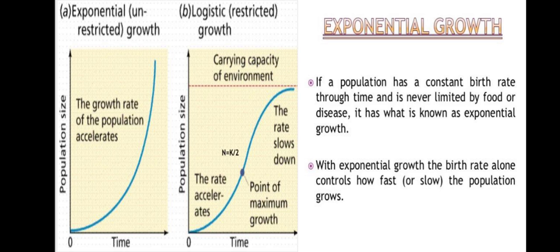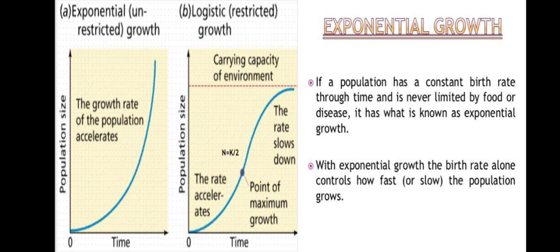Here, in time versus population size, the growth rate of a population is accelerated in exponential growth, whereas in logistic growth the rate slows down as it approaches the carrying capacity of the environment. Then the point of maximum growth, and the rate slows down.